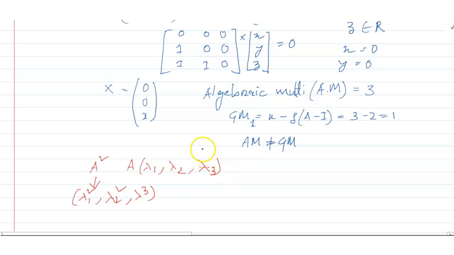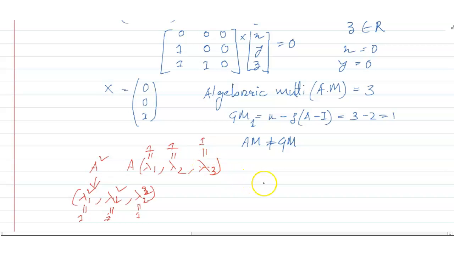So if lambda 1 equals 1, it is equal to 1, it is equal to 1. So you see that it is also 1. It is whole cube, not just whole square. So whatever you get, this is 1 1 1 and 1 1 1.